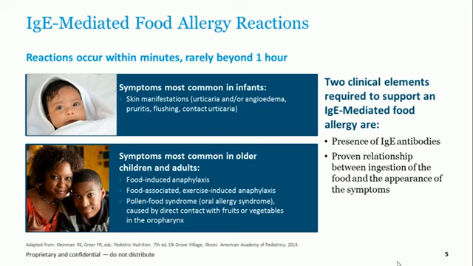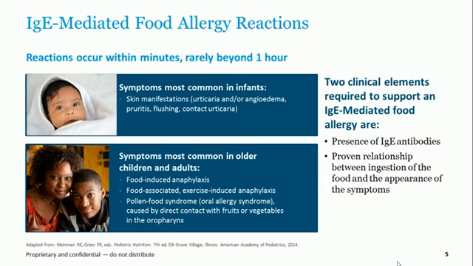And a lot of times it's the skin manifestations. There are cases where they don't and they would have the GI, but generally it is the urticaria, the flushing, so a lot of times it's a skin one. In older kids, sometimes it's a little different.